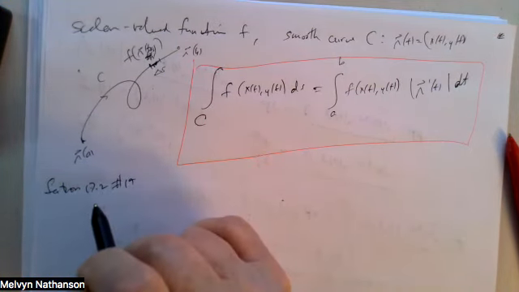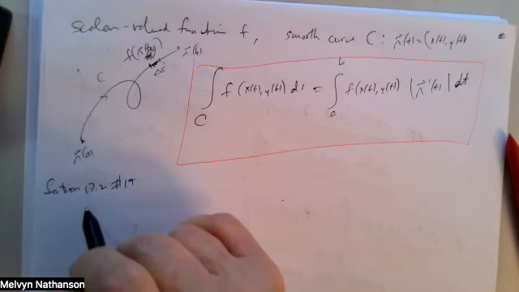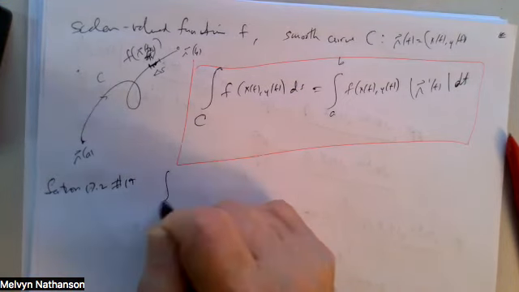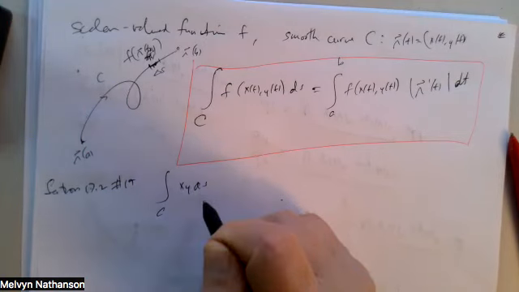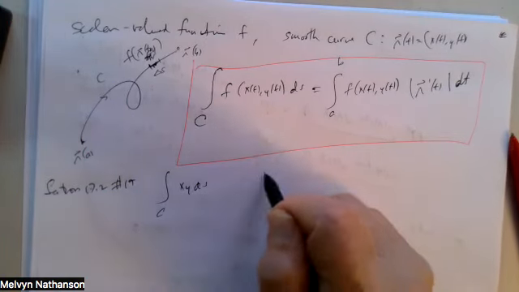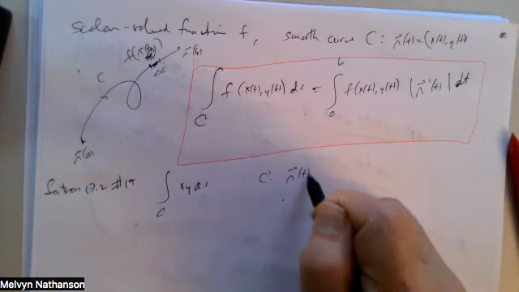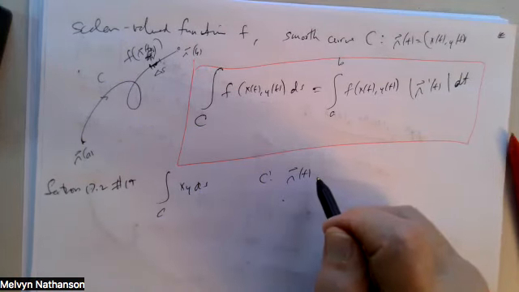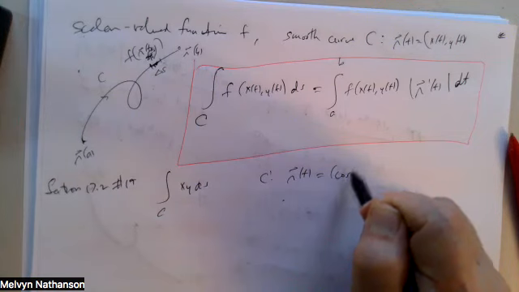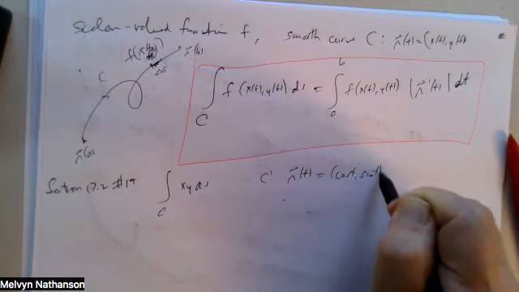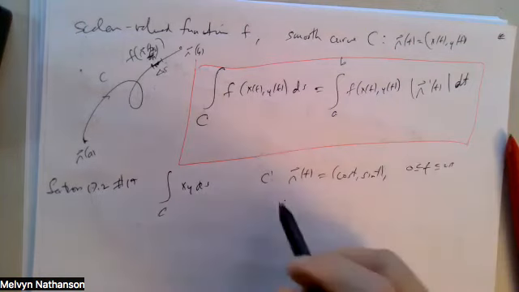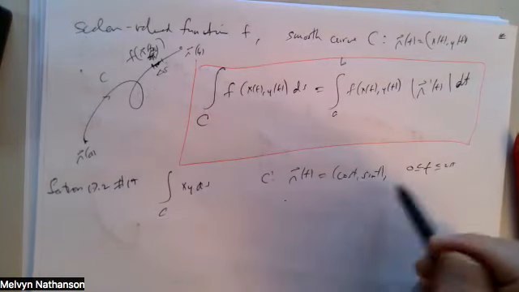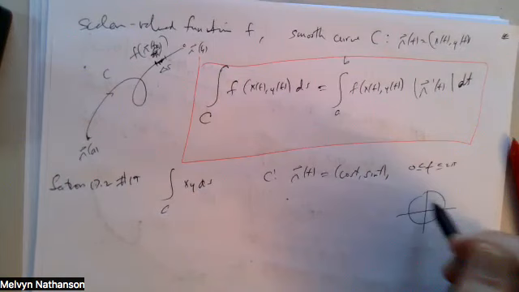Number 17 is to compute the integral along a curve C of x y ds, where C is given by the function r of t equals cosine t, sine t for t from 0 to 2 pi. So by now you should know that this describes exactly the unit circle.